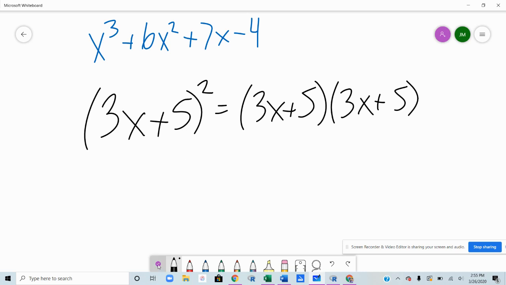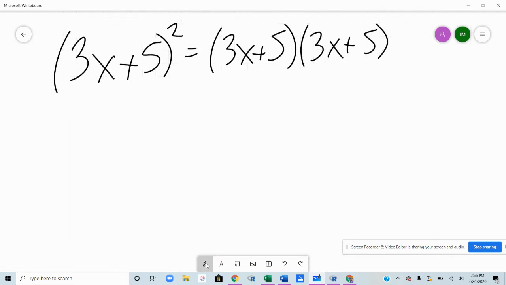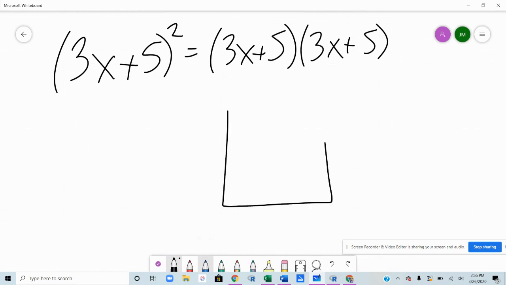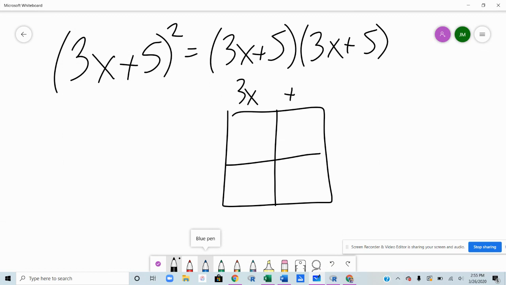Then you would make a box, 2 terms by 2 terms. 3x plus 5 on the top, 3x plus 5 again on the side, and then multiply to get the inside. Remember, put your little imaginary ones there if you need them.